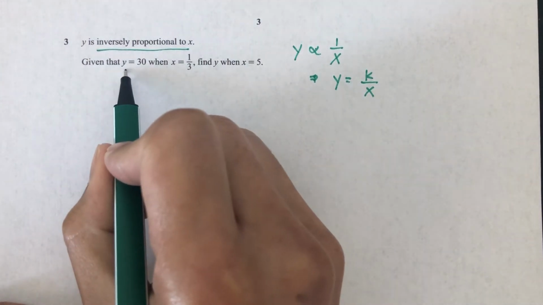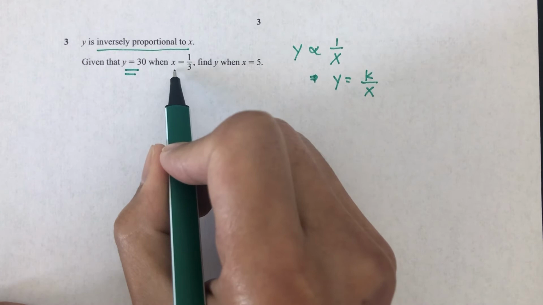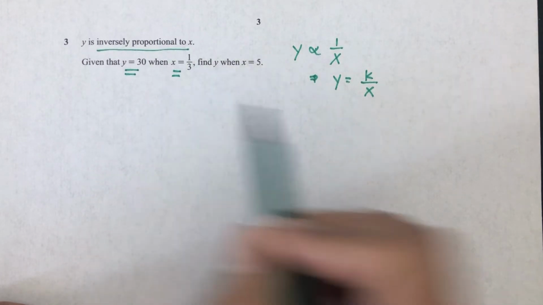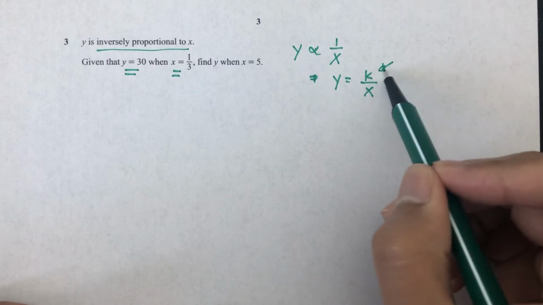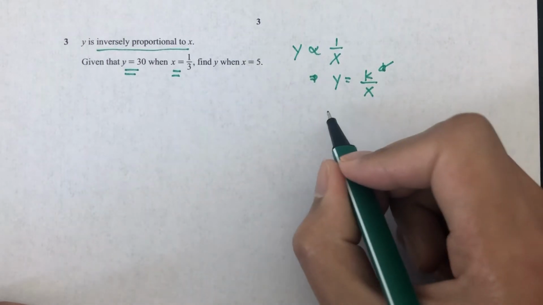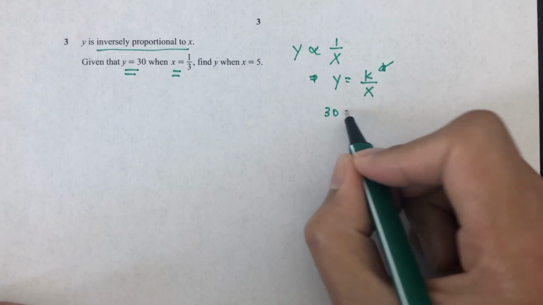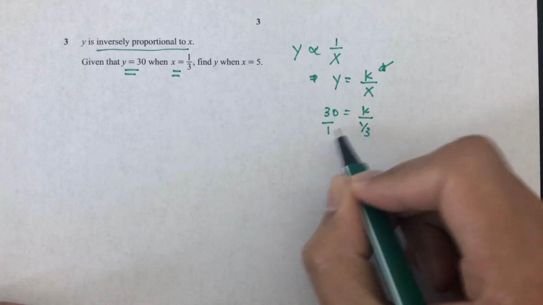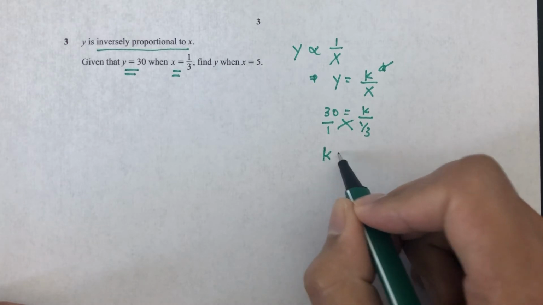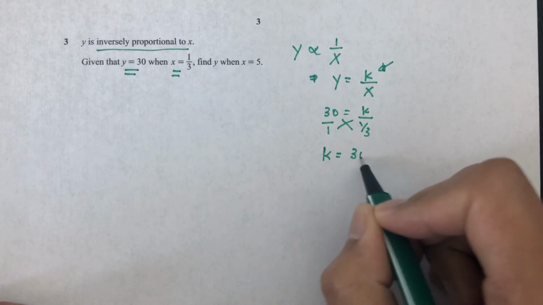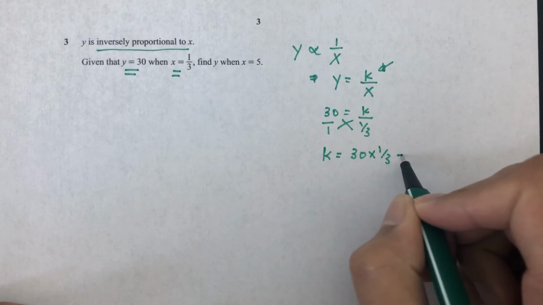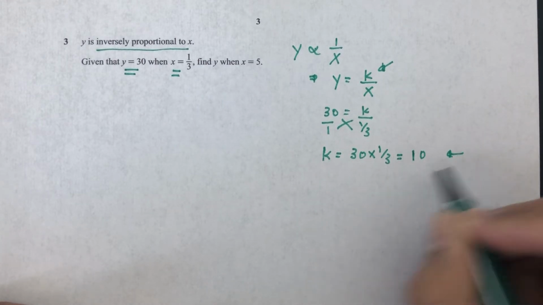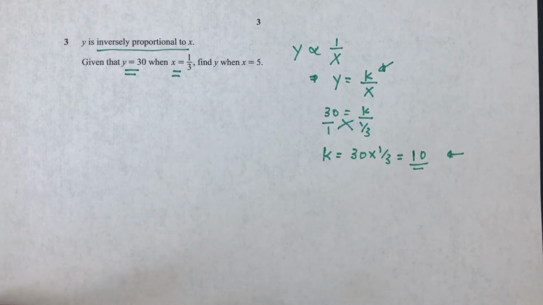Given that y is equal to 30 when x is equal to 1 over 3, we replace those two values in the equation to find the value of k. So k will be 30 times 1 over 3, which is 10. So the value of k is 10.